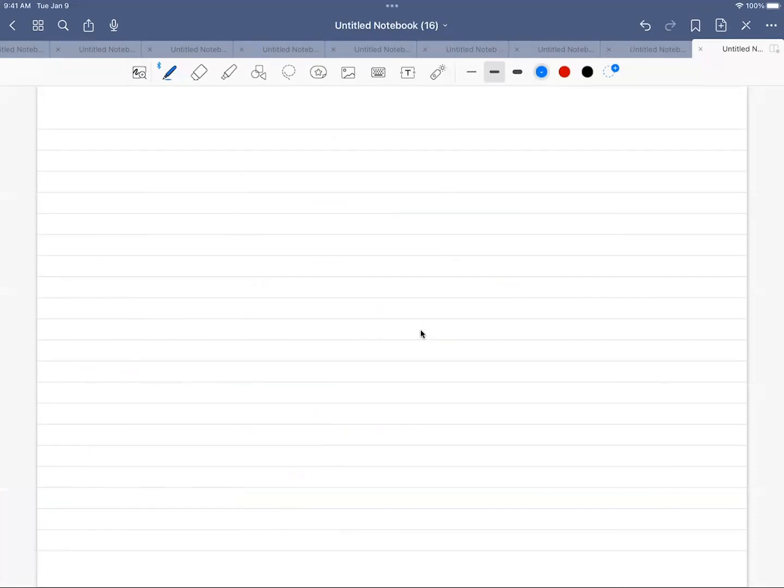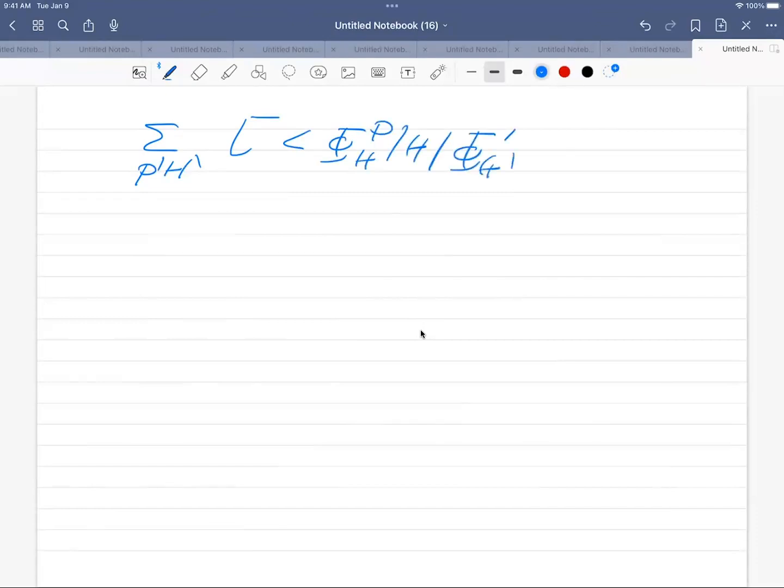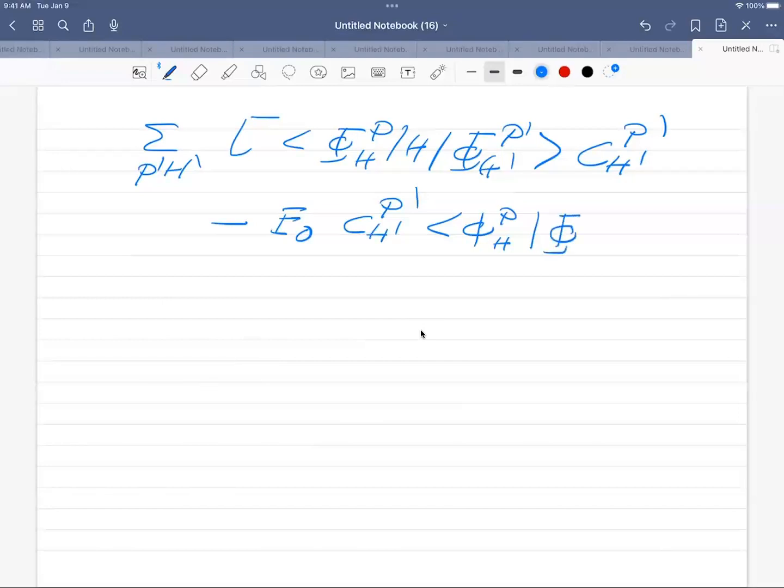And what we end up with when we optimize this and take the derivative with respect to the complex conjugate ones is a sum over P'H', and then I'm getting a term of phi HP of H phi of H'P', I have the coefficients C of H'P' minus E0 times C of H'P. And this is a quantity we want to be 0.